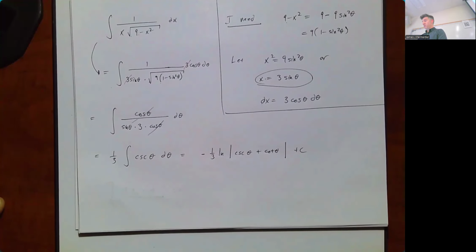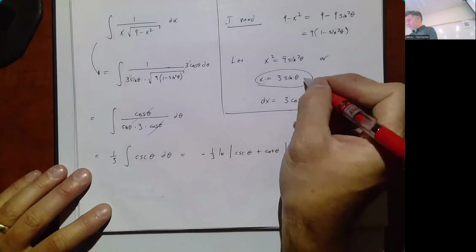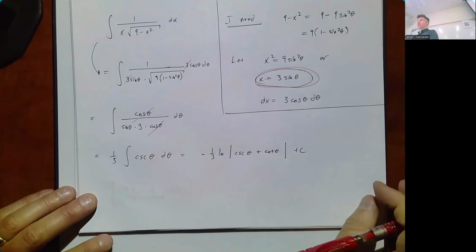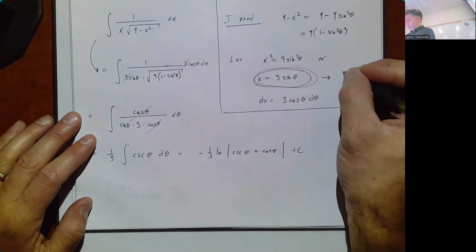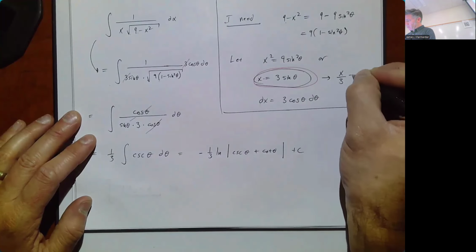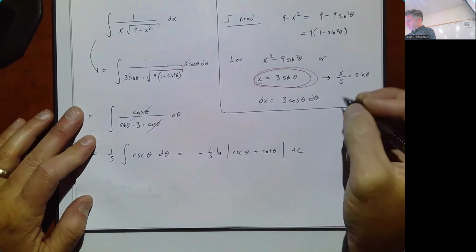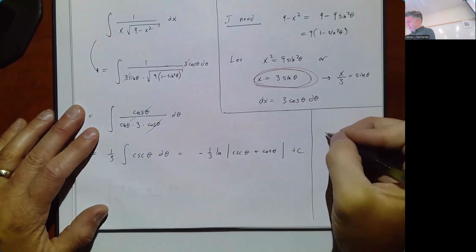And then we draw the triangle again. So we take our trig substitution, we isolate the trig function. I'm going to rewrite this as x divided by 3 equal to sine of theta, and I'm going to draw a little right triangle based on that.